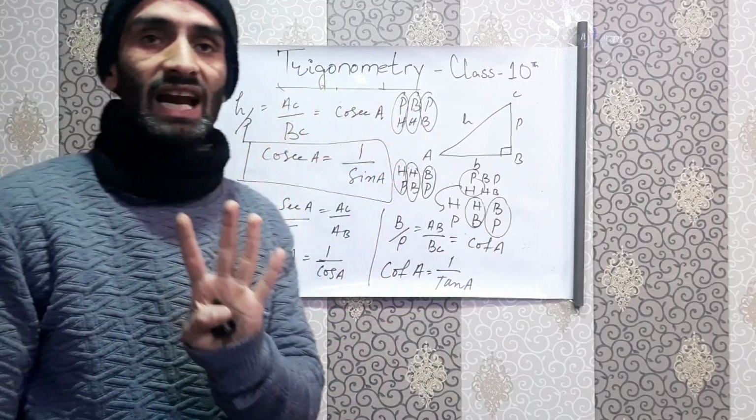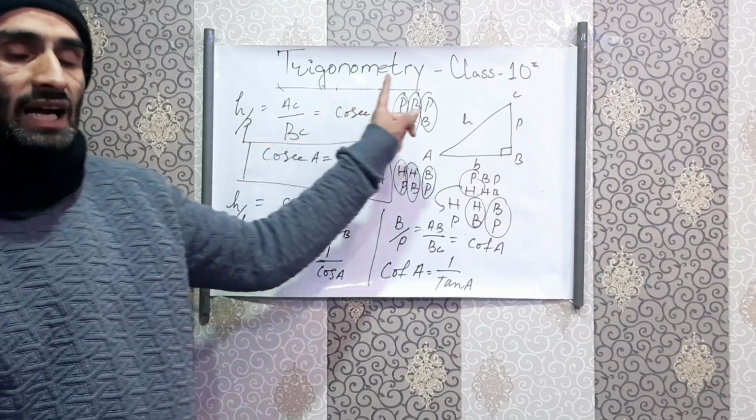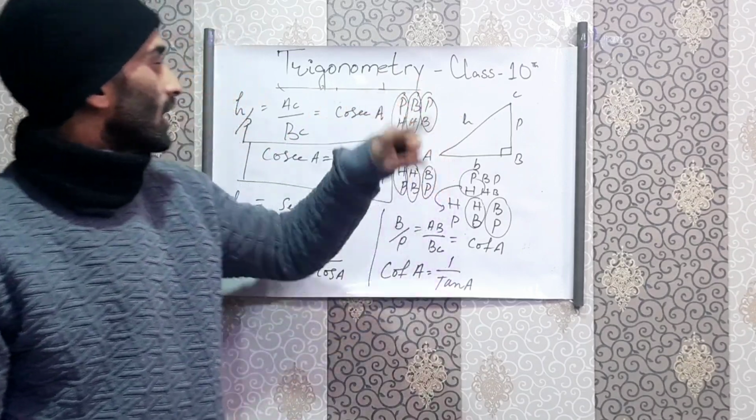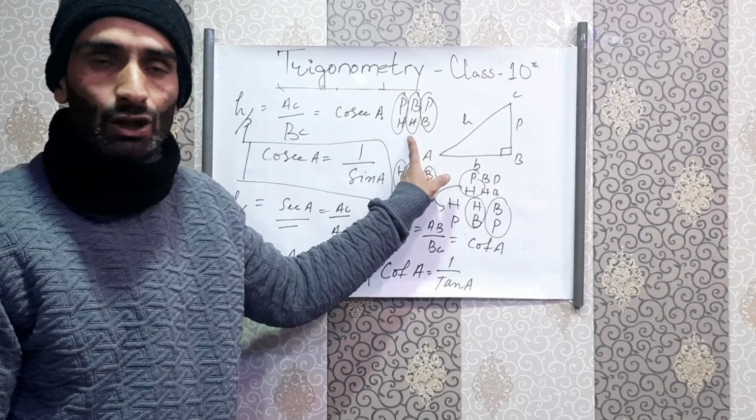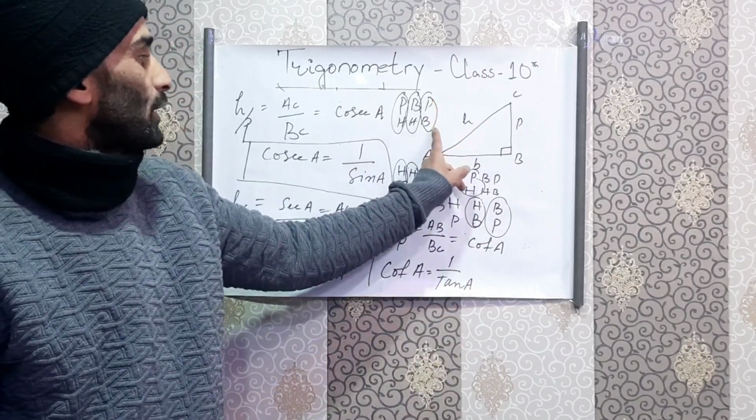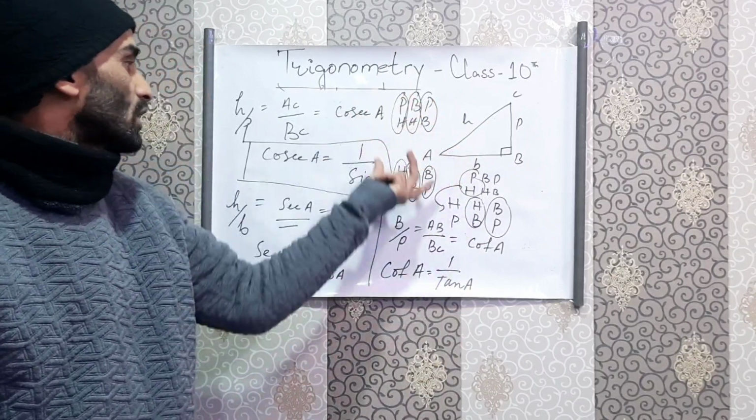Now the 6 ratios we have learned: sine, that is perpendicular by hypotenuse; cos, that is base by hypotenuse; tan, that is perpendicular by base; and then the inverse of all these.